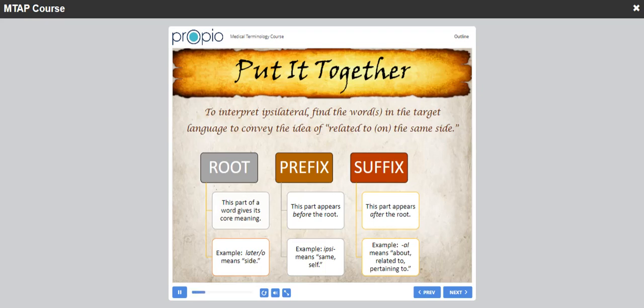Now, let's review. Root of the word is the part of the word that gives its core meaning. Prefix is the part that appears before the root. Suffix is the part that appears after the root. Ipsilateral. A word with two or more roots is referred to as a compound.